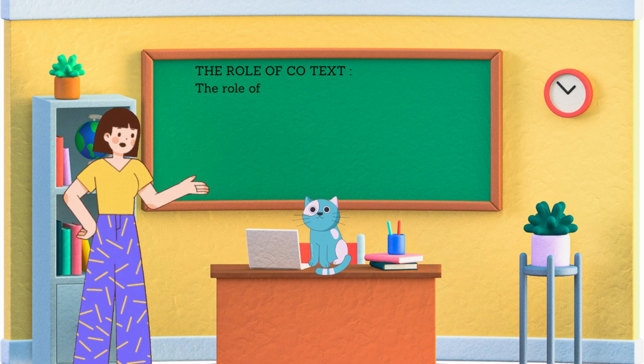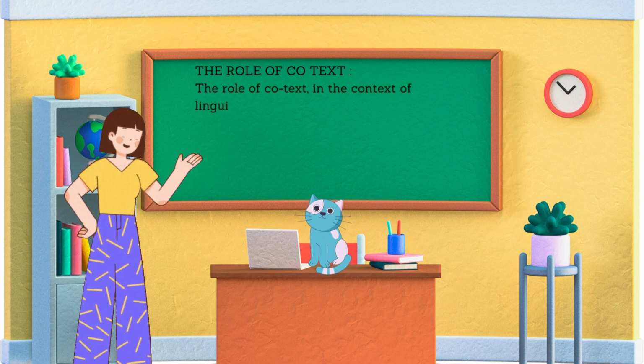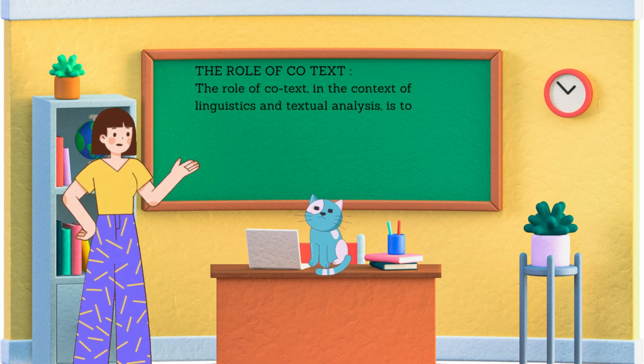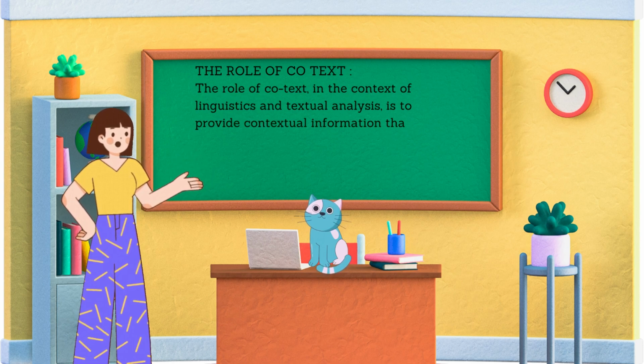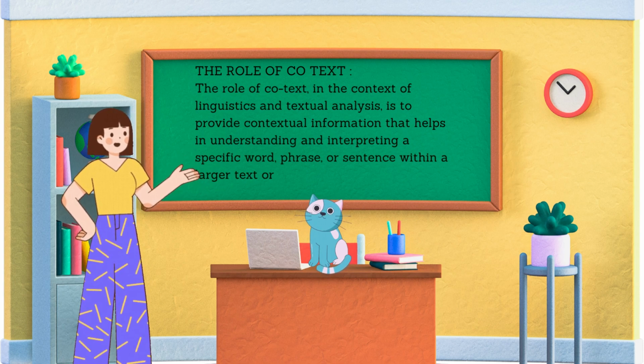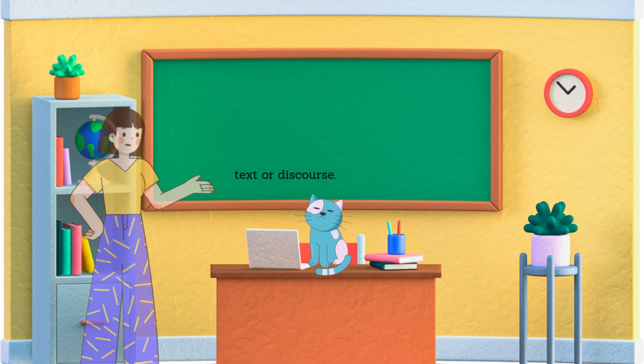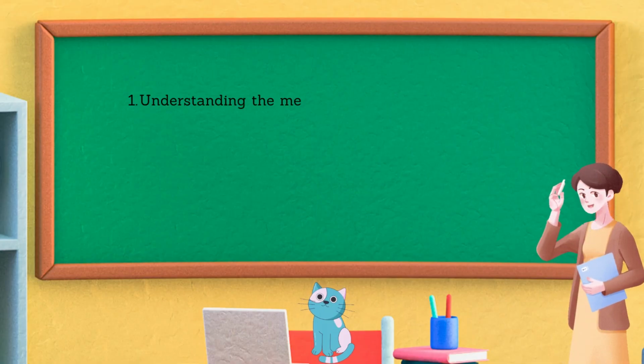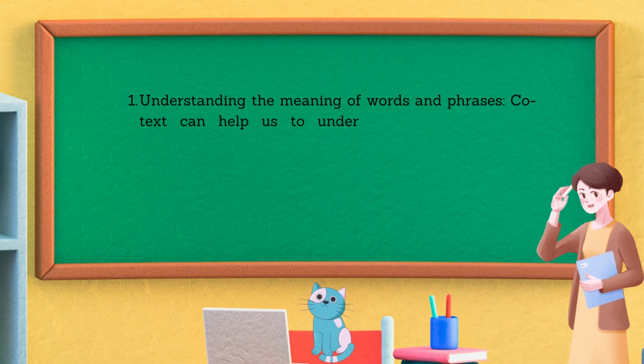The role of context. The role of context in linguistics and textual analysis is to provide contextual information that helps in understanding and interpreting a specific word, phrase, or sentence within a larger text or discourse. So the role of context, first, understanding the meaning of words and phrases.